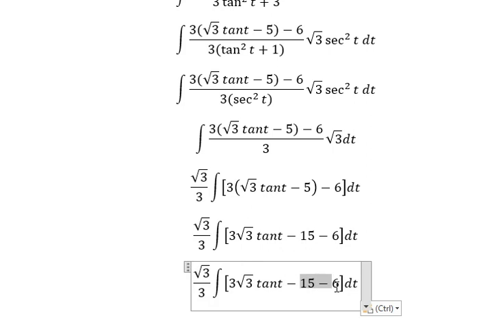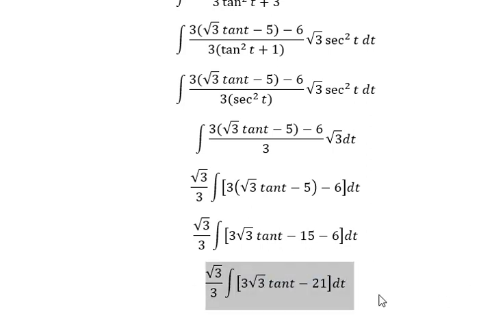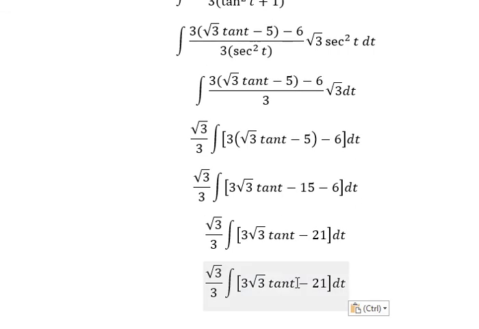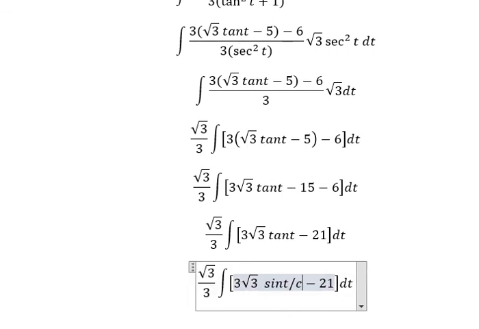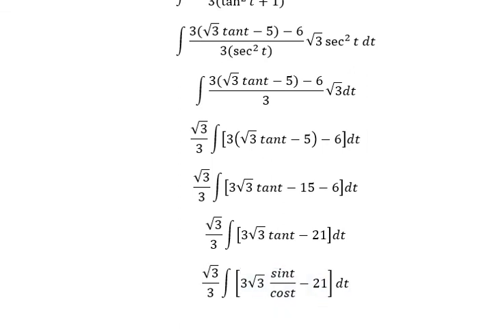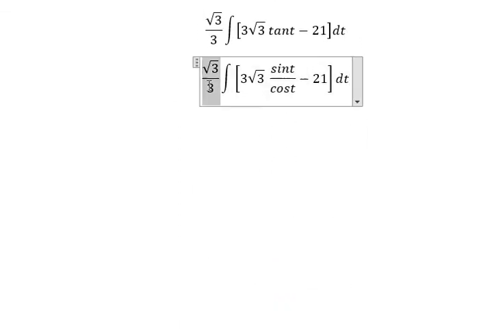So this one we have negative number 21. Tan t we change by sin t over cosine t. And now we have the final answer.